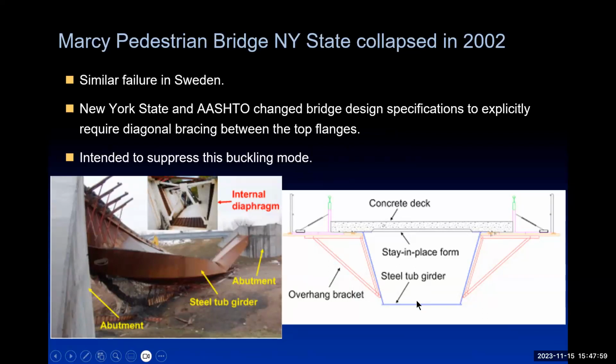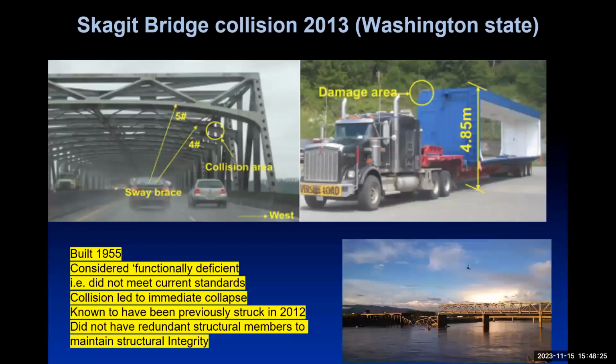And what was happening here was that there was a buckling mode which occurred in the box girder. The recommendation after the event was that there should be diagonal bracing between the top flanges and lower down. So having done that, we got rid of the potential problems.